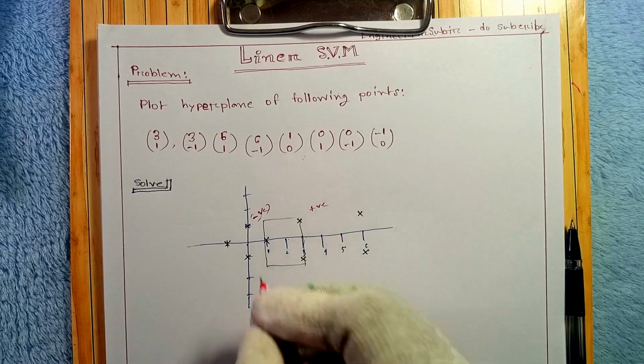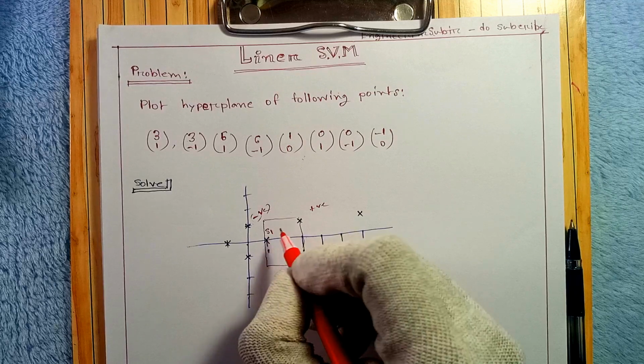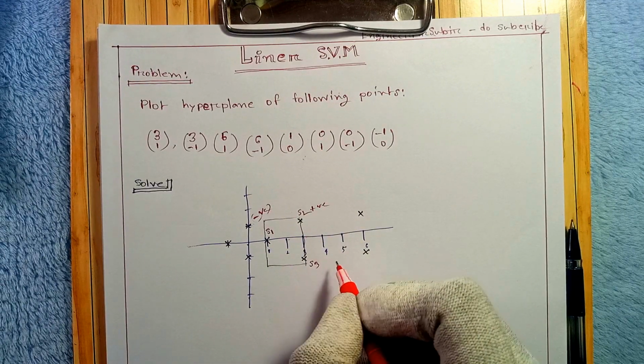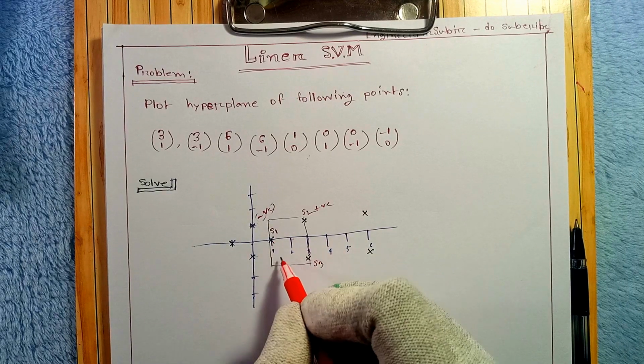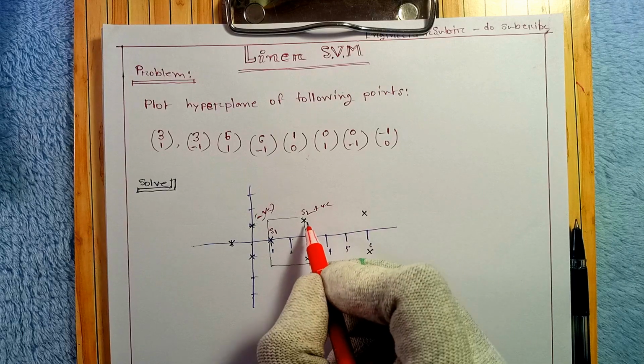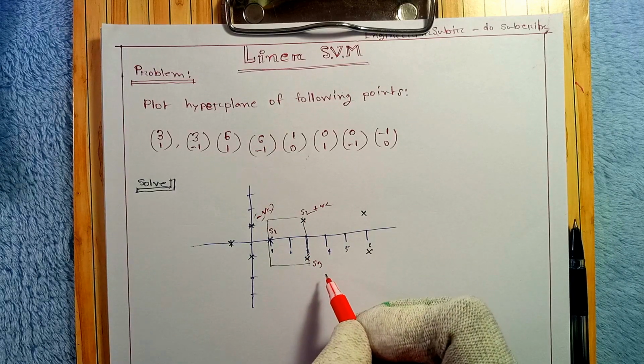Okay, so this one is S1, this one is S2, this one is S3. Let me take these three points because they are near. From this class S1 is near, from the other class S2 and S3 are near.